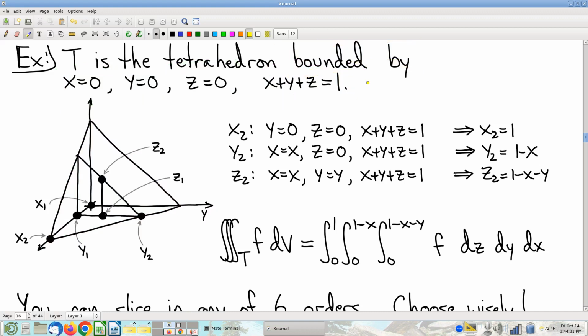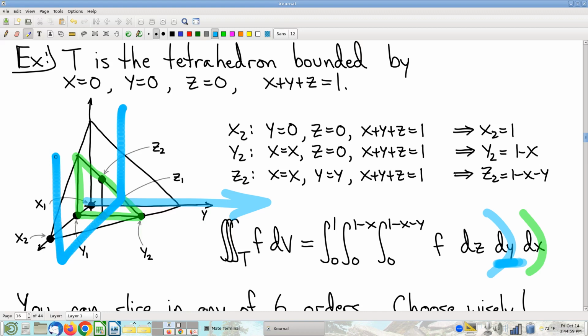Okay, next bounds. As per the instructions, we're going to fix a value of x. So we're now focused only on this x slice, an arbitrary x slice. Moving on now to the next variable, y. I got to ask the question, I got to think geometrically, what happens when I take slices perpendicular to the y-axis? Well, perpendicular to the y-axis, it's kind of like that.